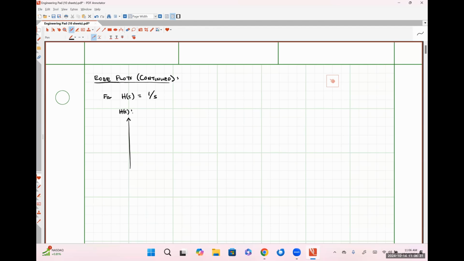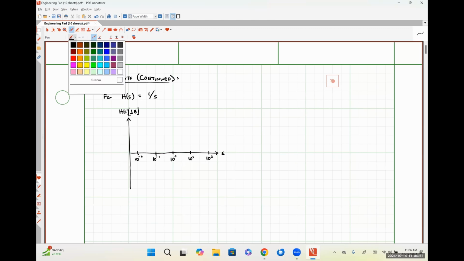So here is H(s) measured in decibels on this particular axis, and here is s on this axis. Let's put 10 to the 0 right here. So this would be 10 to the minus 1, 10 to the minus 2, 10 to the plus 1, 10 to the plus 2.